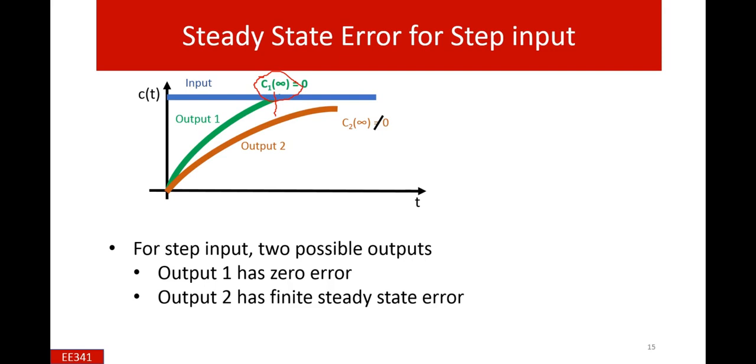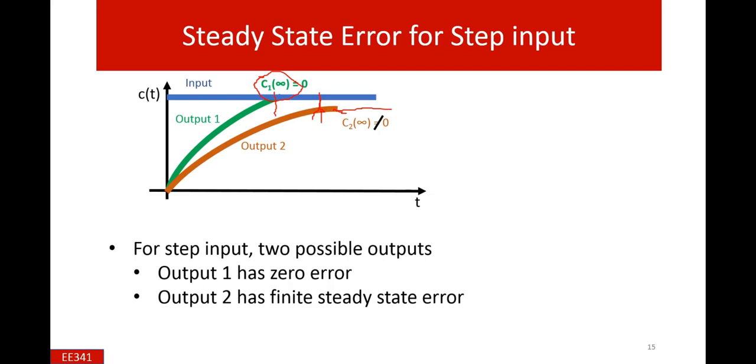In this case, after observing the transient behavior, which is almost up to here, the behavior of the system for step input is almost constant, but it is not approaching the input.